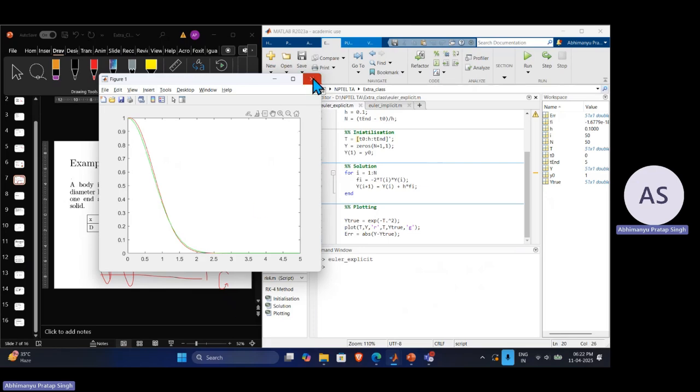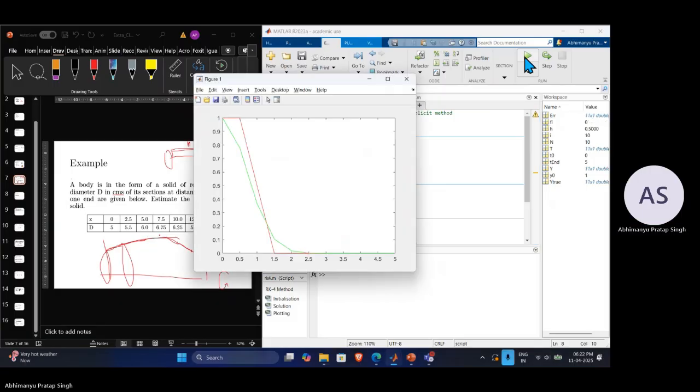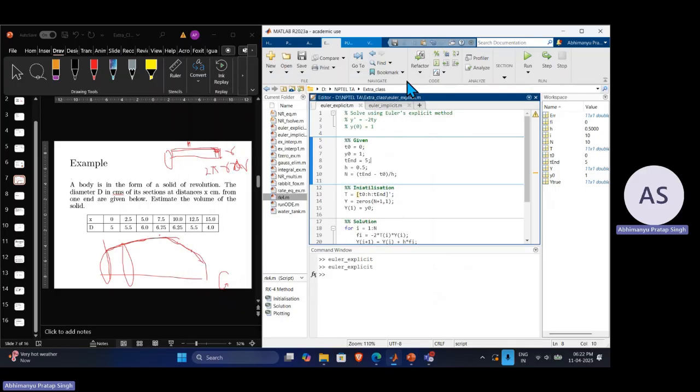Now let me increase this h value to 0.5. You can see that the solution is still bounded. It has not gone unbounded, but the solution that we are getting is bad compared to the true solution. Now let me increase h even more.